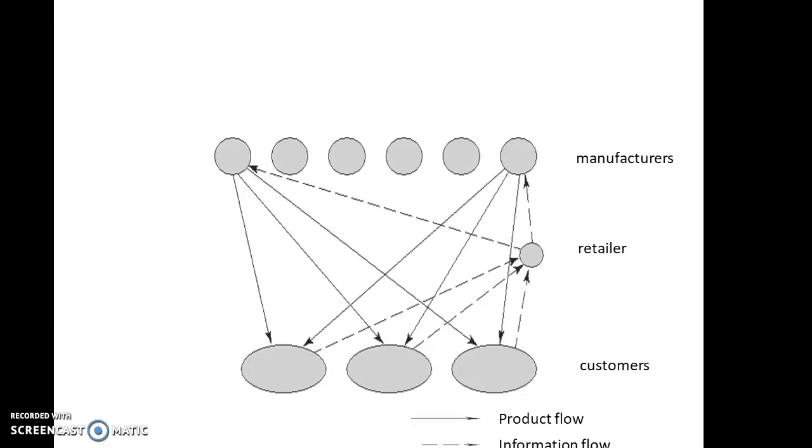Here the dotted line shows information flow and the solid line shows product flow. The customer places an order through the retailer. The retailer passes the information to the manufacturer. The manufacturer directly delivers the product to the customer.